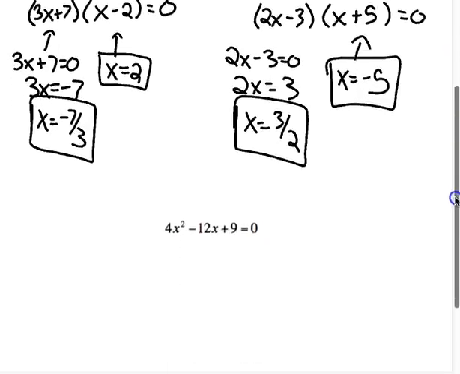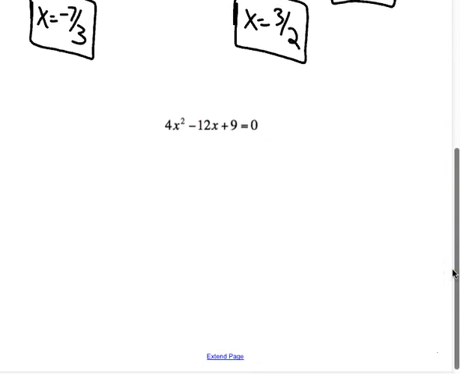All right. And last example. So here, now this one, what I notice, 4x squared and 9. I have two perfect squares, okay? So here, I'm just going to go out on a limb and try my first thought of these.